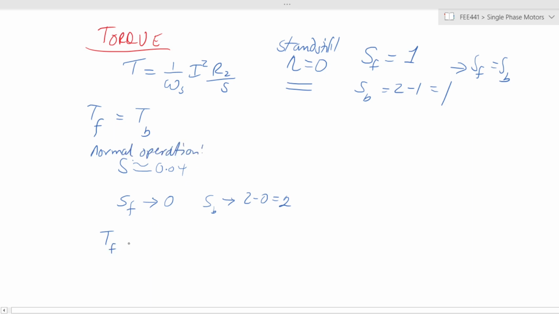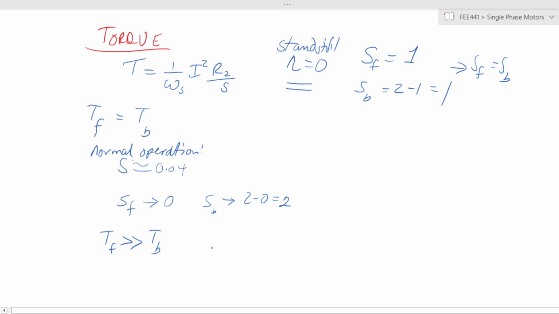The torque in the forward direction will be much higher than the torque in the backward direction, simply because in the forward direction the slip is a very small number, so it increases the value of the torque, and in the backward direction it is a very large number, 2, and it decreases the value of the torque. So the torque in the forward direction overwhelms the torque in the backward direction.